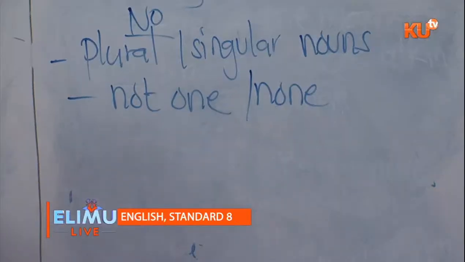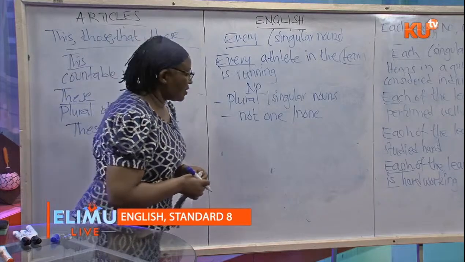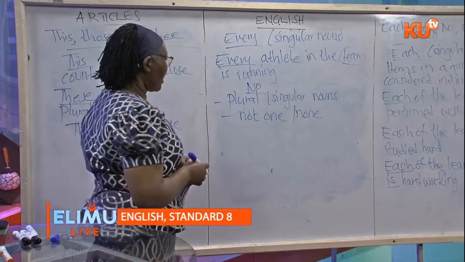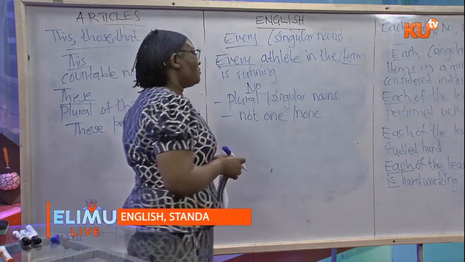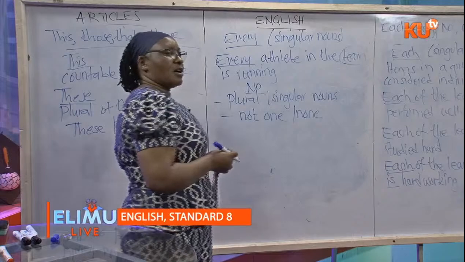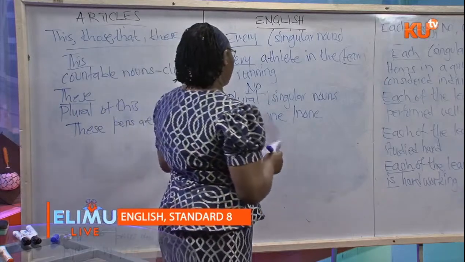For example, we can say that none of the cows was injured in the accident, or none of the passengers was injured in the accident. It means not even a single cow or even a single passenger was injured in the accident.